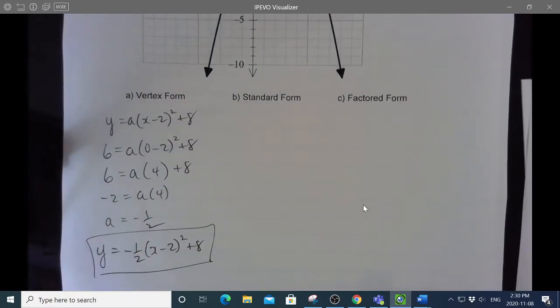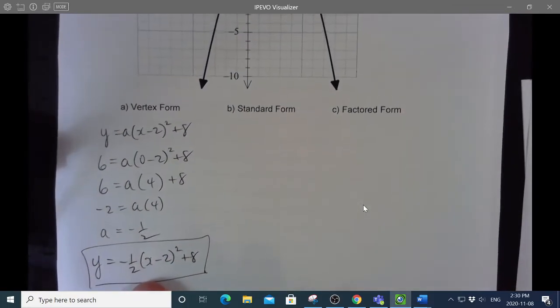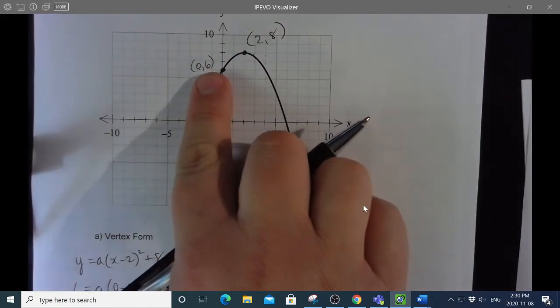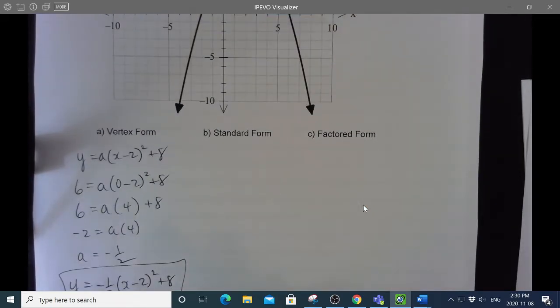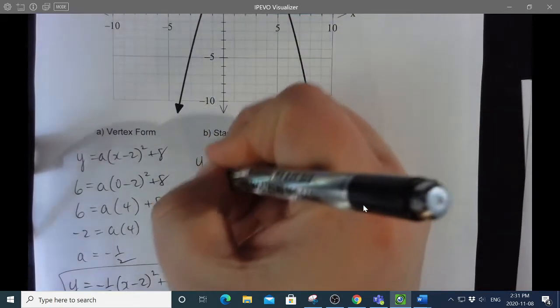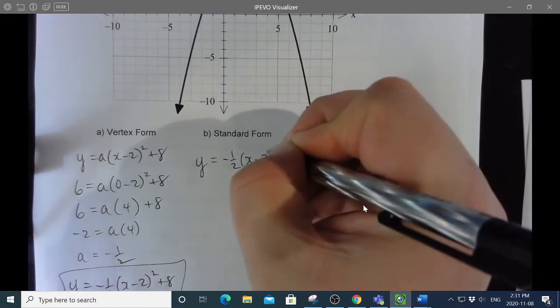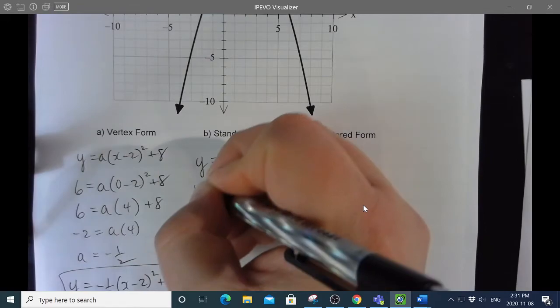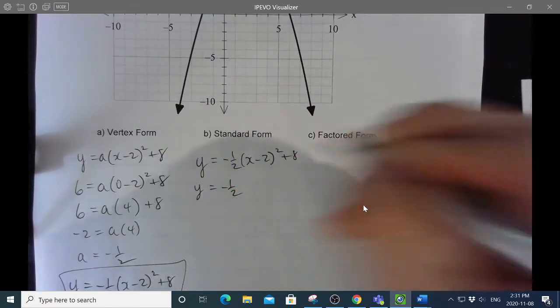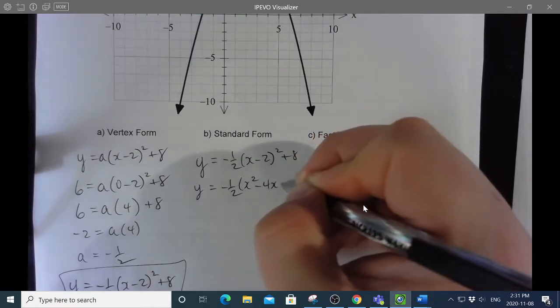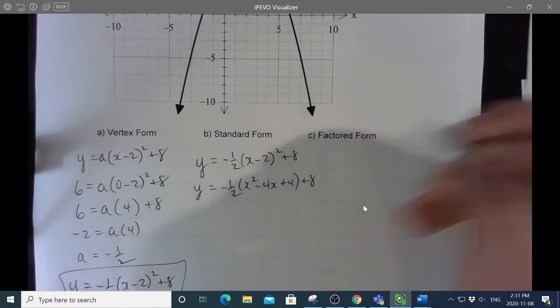There we go. Now, standard form I can get from vertex form, and a little check that I'm doing it right is that I know that the c value should be 6. So let's see if that's what we get when we expand that. So y is equal to negative 1/2 times x minus 2 squared plus 8. Step 1, let's square that binomial. So that's x squared minus 4x plus 4. Don't forget plus 8.